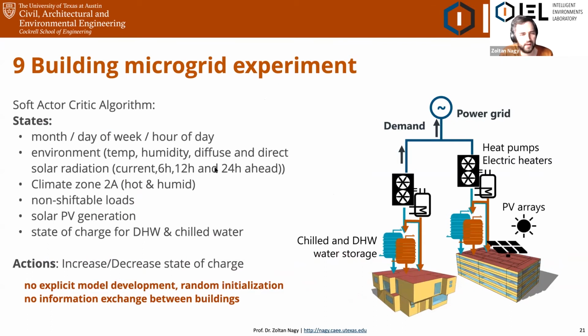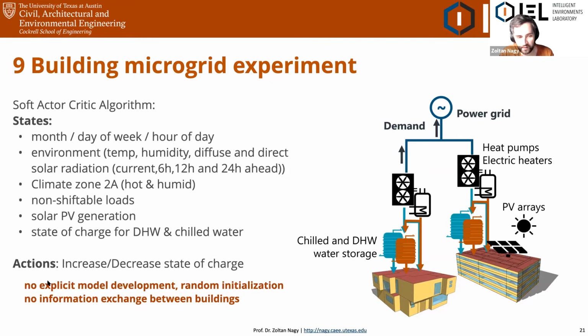Just because we have RL doesn't mean you can't use forecasts. Some parts of your non-shiftable loads, electricity, and things like dishwasher, whether you have solar generation or not. And then, of course, the goal is whether you decrease the charge, so you pull energy from your storage, or you increase it, which means you store energy in it from the grid.